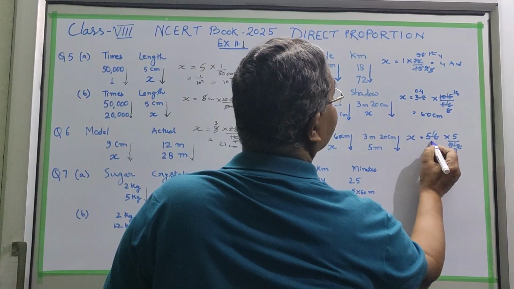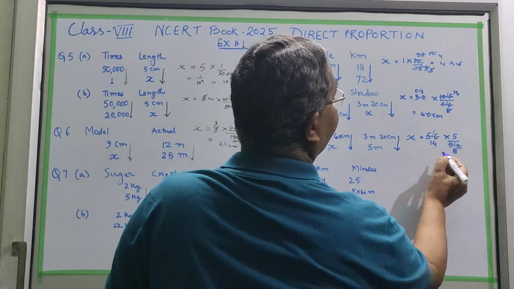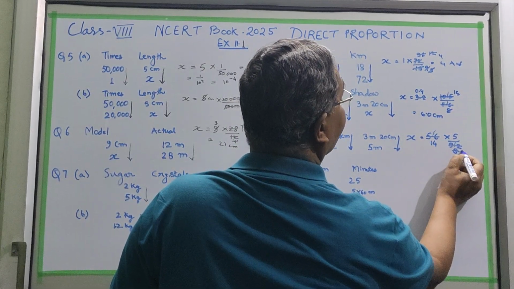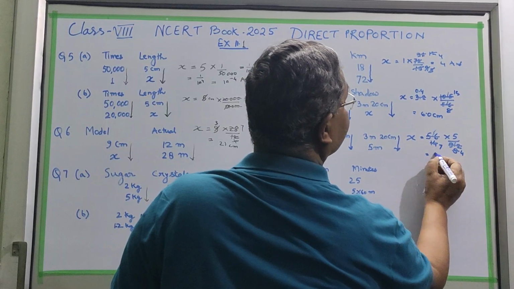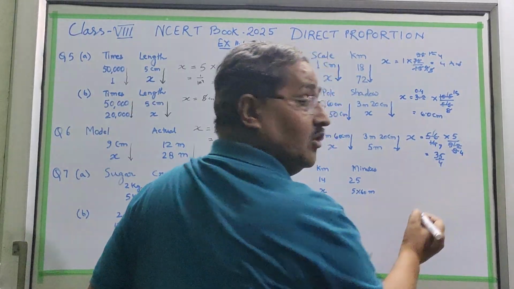By 4 we will remove, 14, 4 14s are 56. It will come to 14. Then again we can cut it by 2. 7 into 5 equals 35 upon 4.